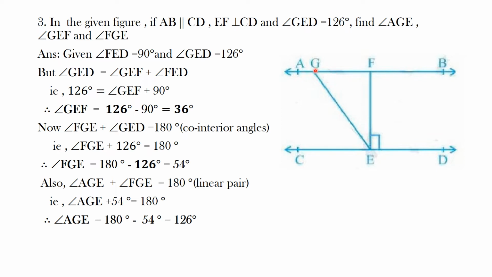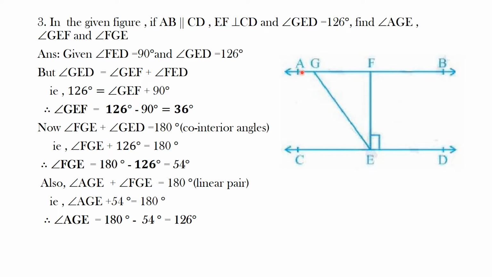Very clearly, at the point G, we can say AGE plus FGE equal to 180 degrees using the condition linear pair. Therefore, angle AGE plus 54 degrees equal to 180 degrees. Therefore, angle AGE is 180 degrees minus 54 degrees equal to 126 degrees.